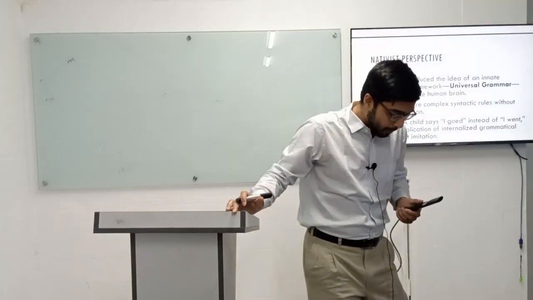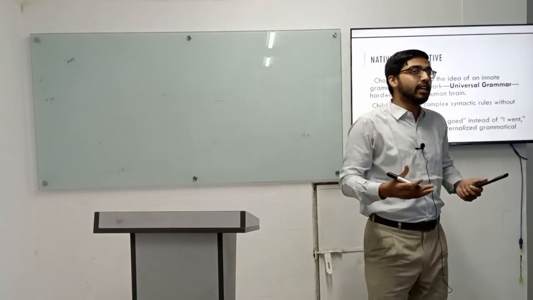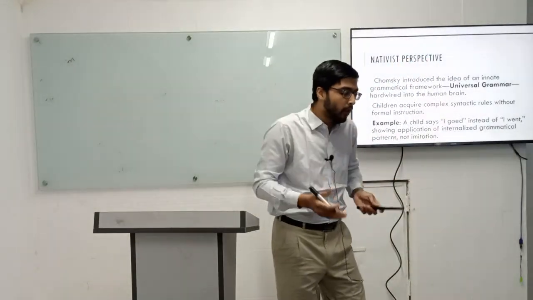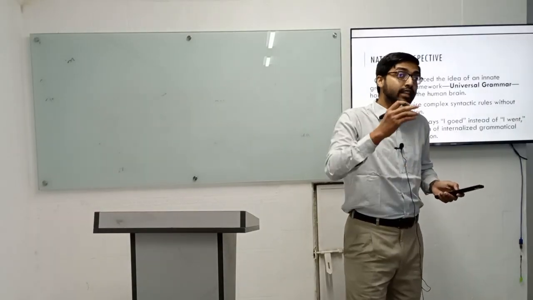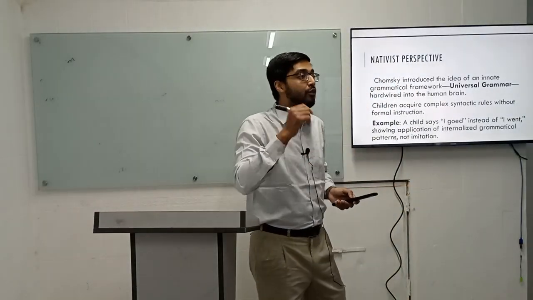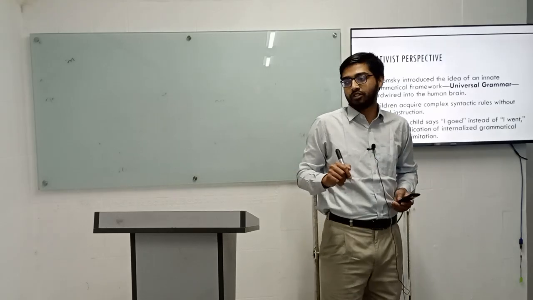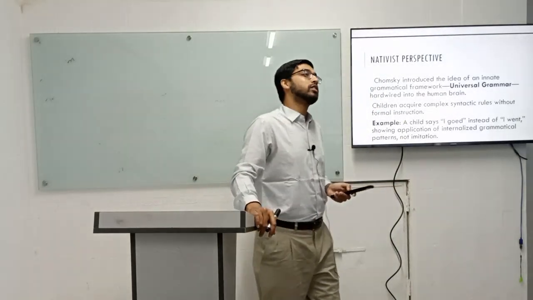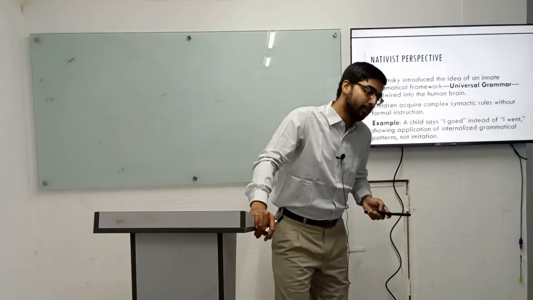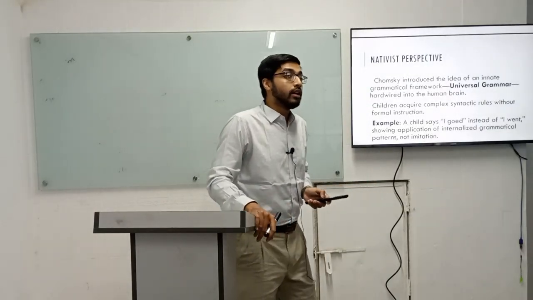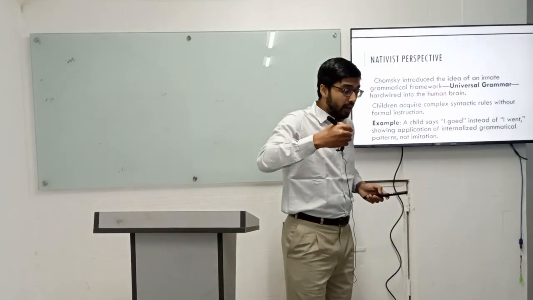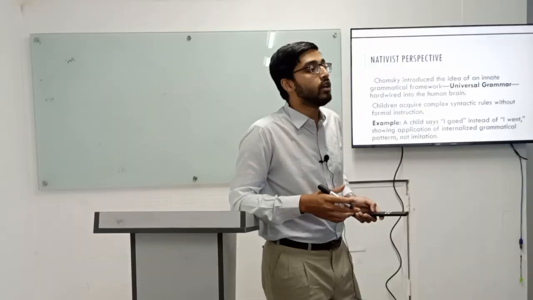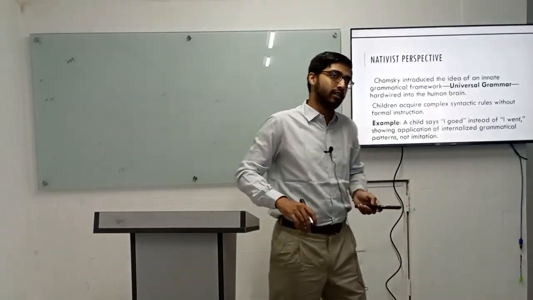So even if they were born in a fragmented and broken language, they develop a fully fledged functional language. That means definitely, we have something within our brain that helps us develop a broken language into a fully fledged functional language.